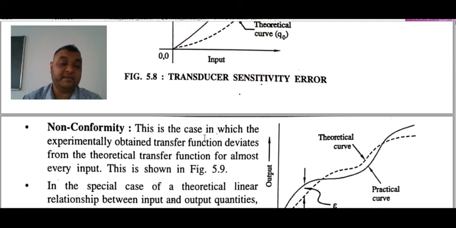Non-conformity means you cannot say that things are going to happen in a particular way.